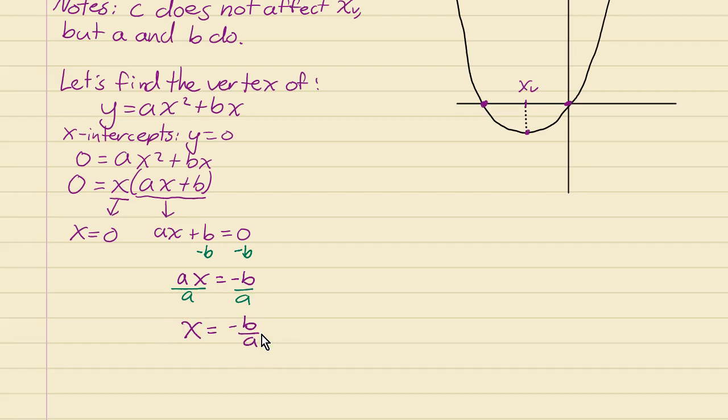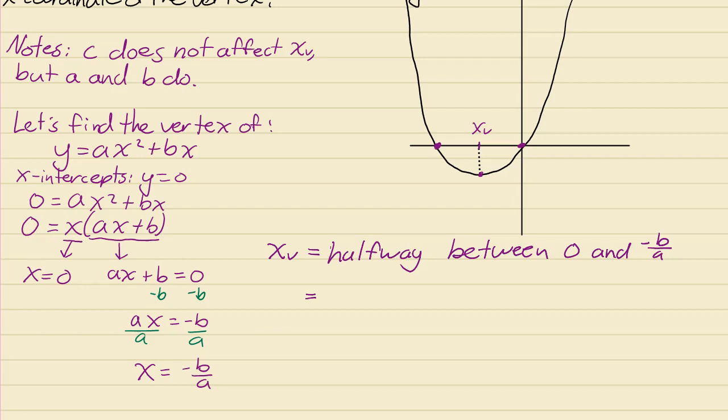So if we wanted to find the point halfway between 0 and negative b over a, the way to do it is to get the average of those two things. You can add them up and divide by 2. That's the average of those two numbers. So we can then simplify this.